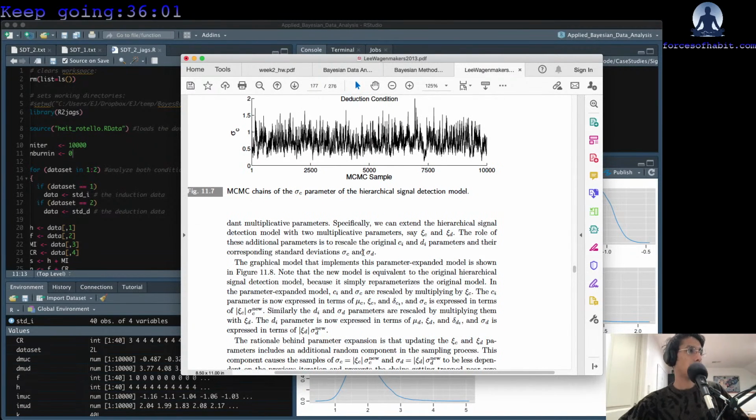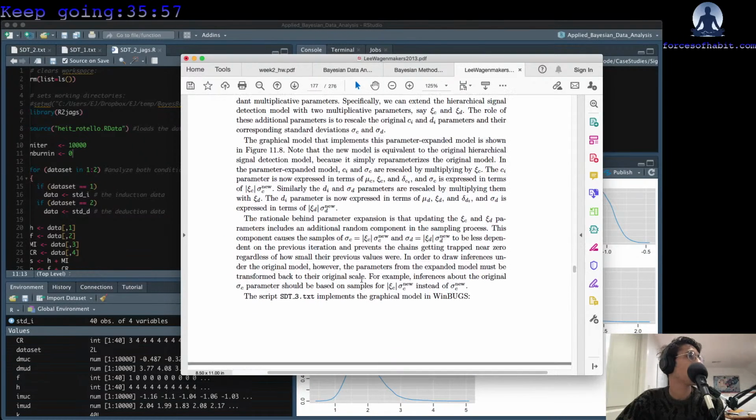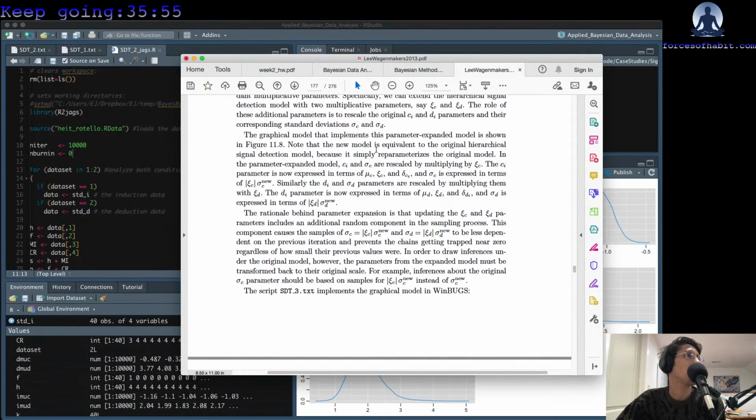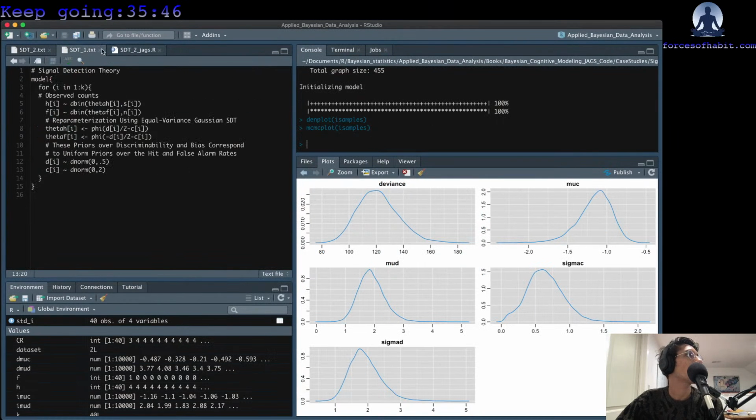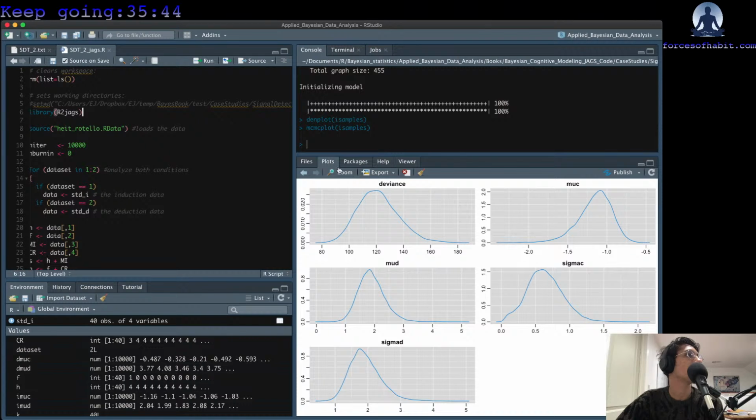The graphical model that implements this parameter expanded model is shown here. Note that the new model is equivalent to the original because it simply reparameterizes the model. Okay, so we can do a side-by-side comparison.